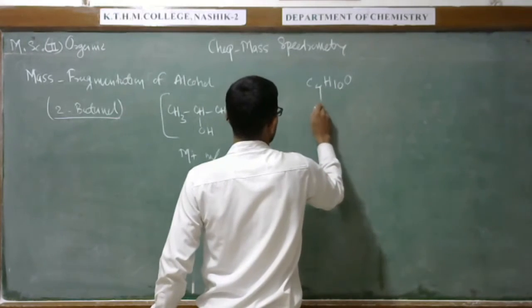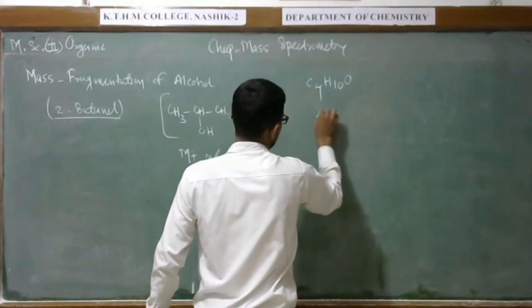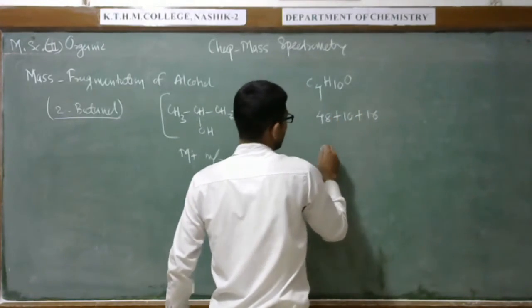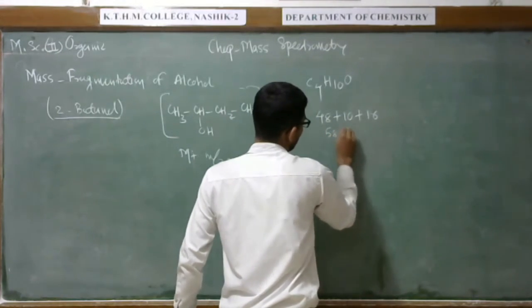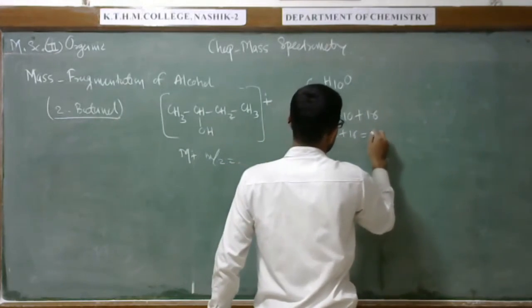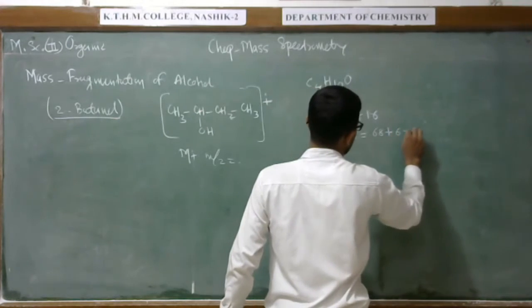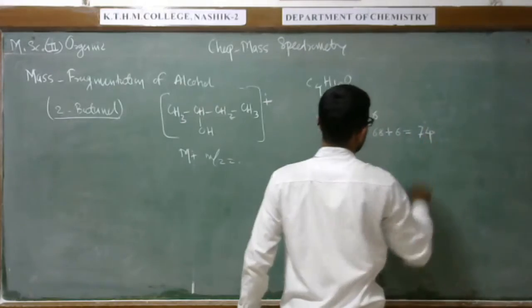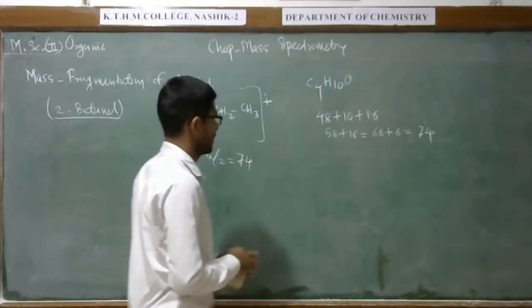So 48 plus 10 plus 16, that comes out to be 58 plus 16, that is 74. So at this value we can observe the molecular ion.